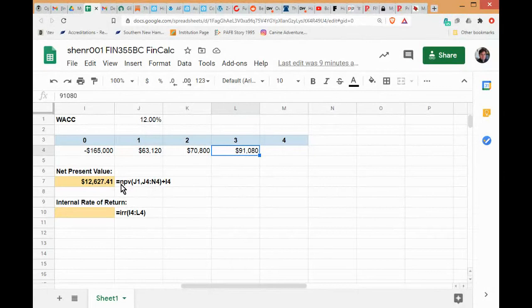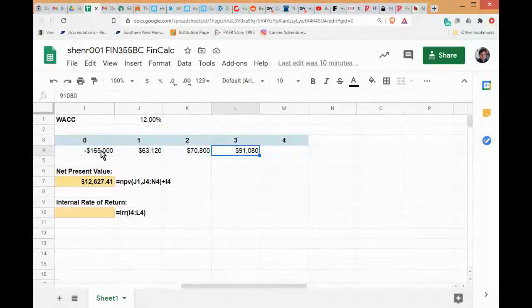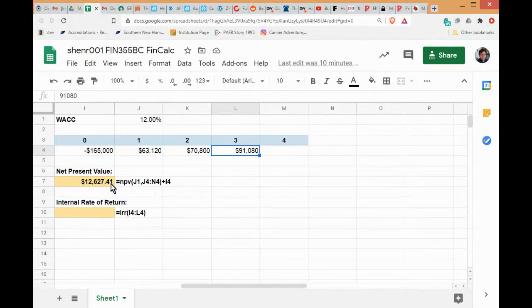And as we saw back in the first video in this chapter, net present value comes out to be about $12,627. We said that this represents the value of the benefits of the project in excess of its cost. The project creates benefits of about $177,000. And it only costs $165,000, the difference being this $12,000 net present value.